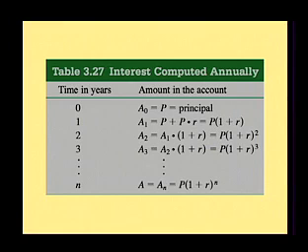If A sub n represents the total amount in the account at the end of n years, then the value of the investment follows the growth pattern that you see right here. A sub 0 is the amount we started with. At the end of 1 year, we have the initial amount plus the amount earned with that interest rate.